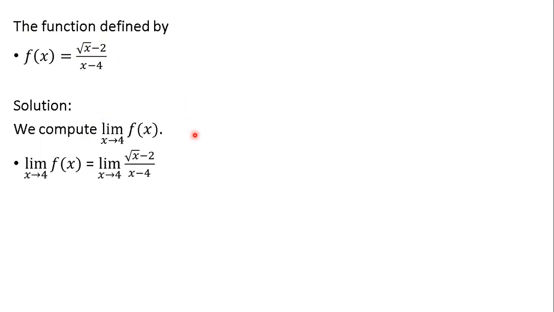We solve first for the limit of f of x as x approaches 4. Look at the numerator. The numerator contains a radical symbol. We can simplify the function itself by finding the conjugate of our numerator, and that is square root of x plus 2. Therefore, we multiply square root of x plus 2 to both numerator and denominator, and then we simplify.